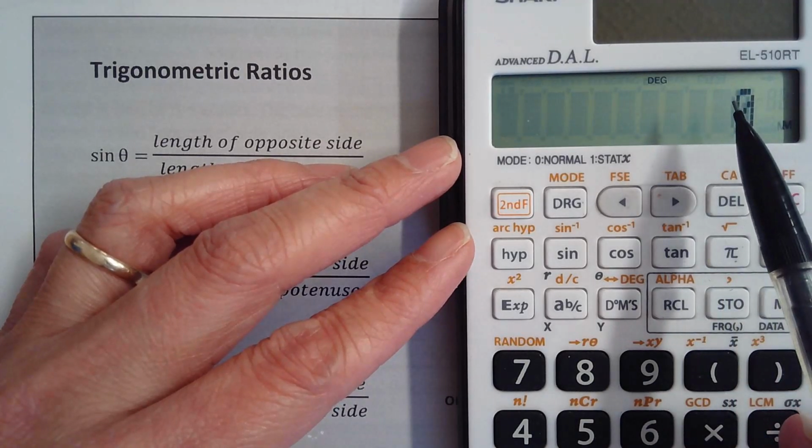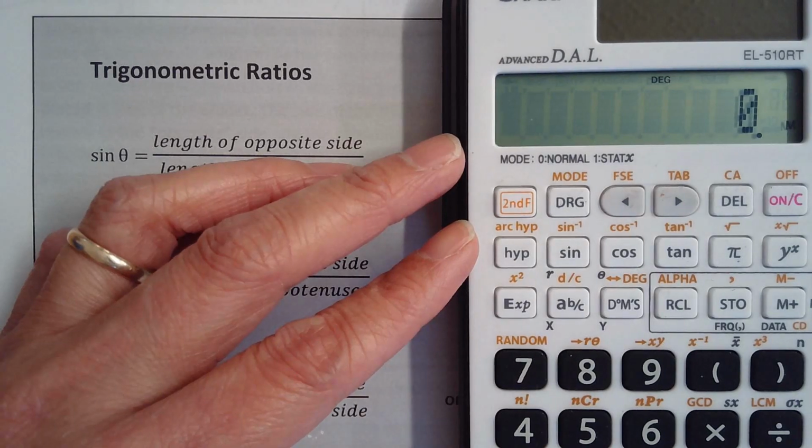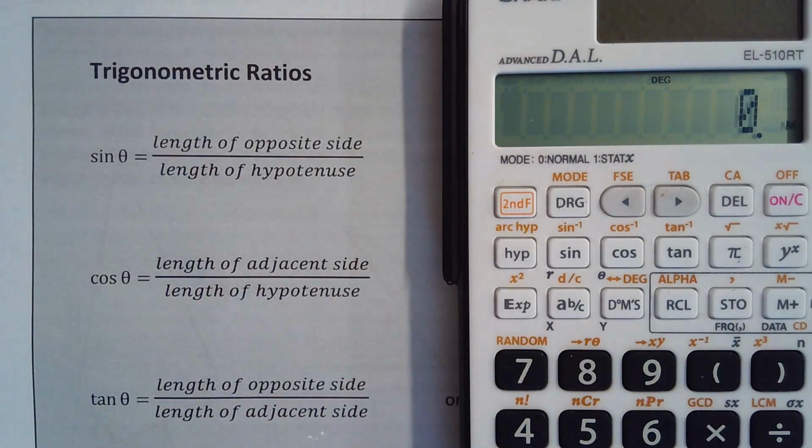So we're just gonna do a quick check to make sure everybody is in degree mode, because if it's not, then we're gonna get a different number. Okay, everybody has a D or DEG.